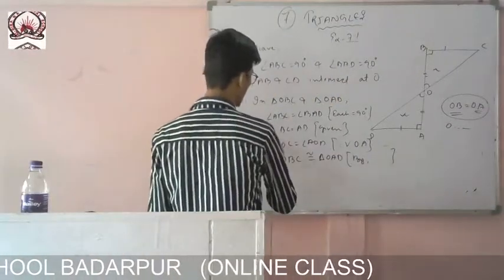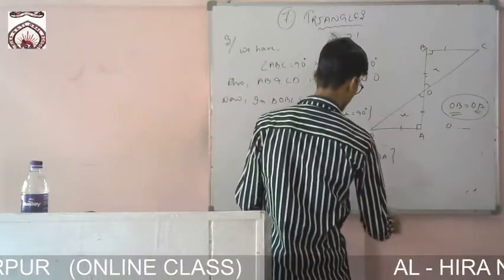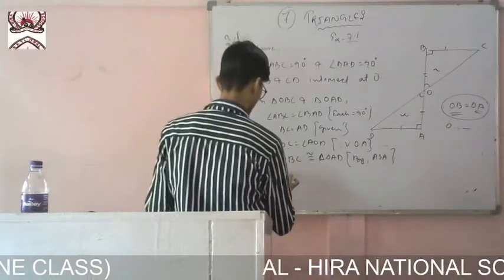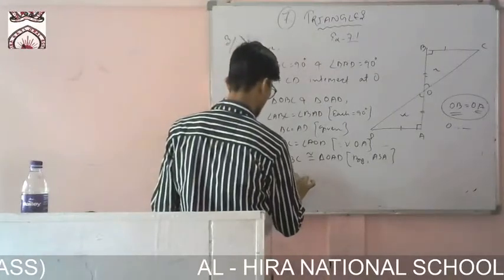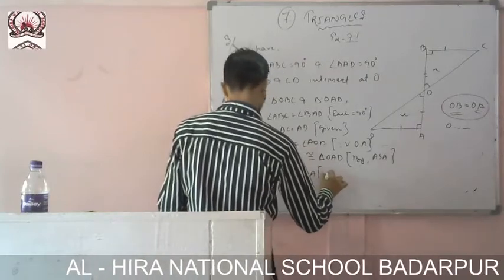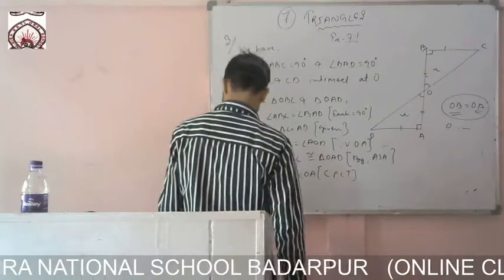How many angles? Two angles and one side are there, so it will be ASA. Now I will write CPCT. So therefore OB will be equal to OA, and the reason will be corresponding parts of congruent triangles, CPCT.